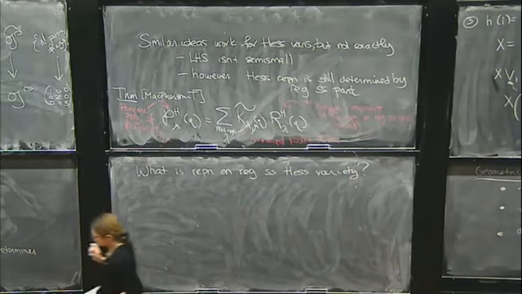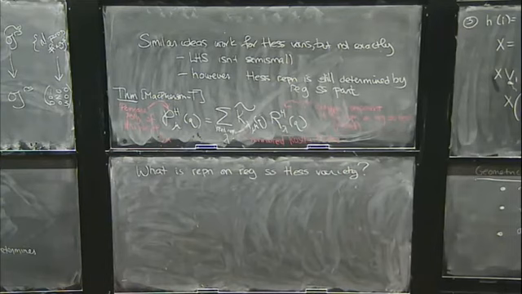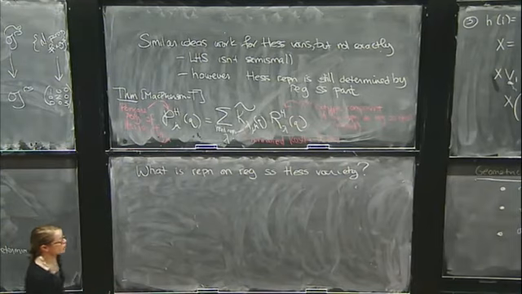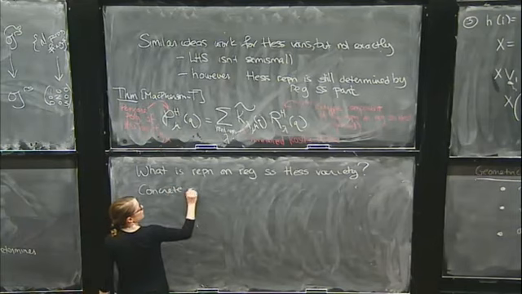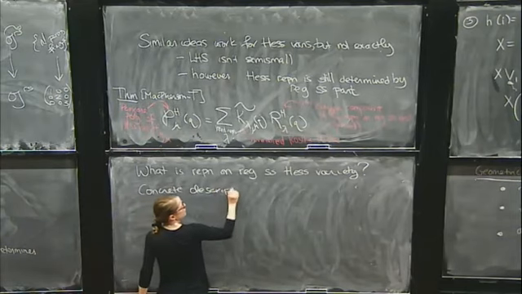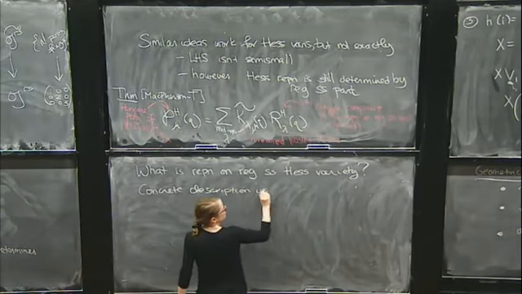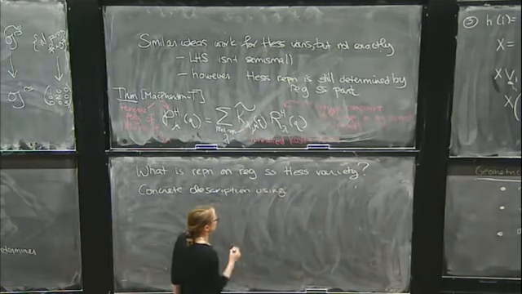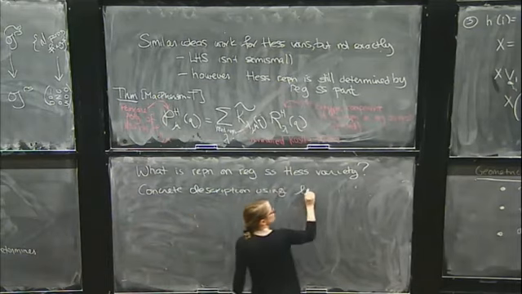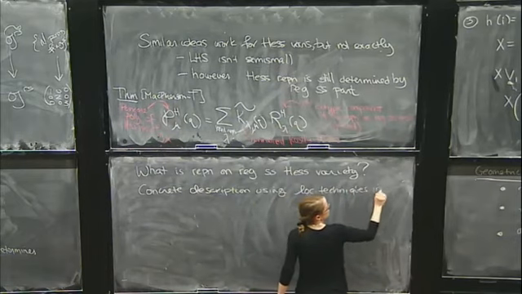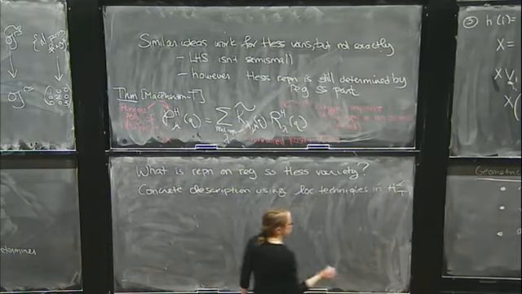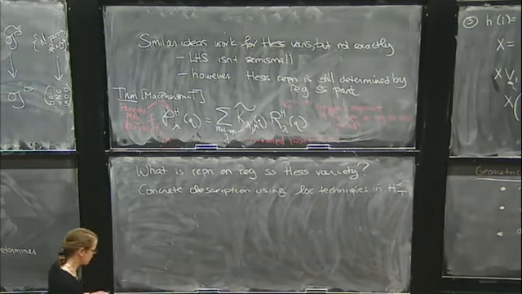And I'm going to spend the rest of my time talking about this in two different ways. First, I'm just going to give you a concrete description. This concrete description is going to just use localization techniques in equivariant cohomology, not dissimilar to things that came up in the previous talk.